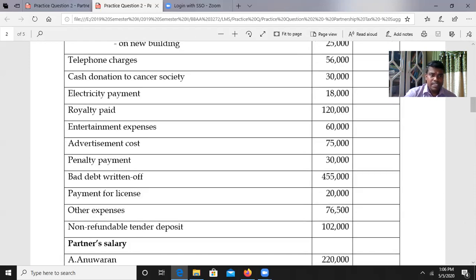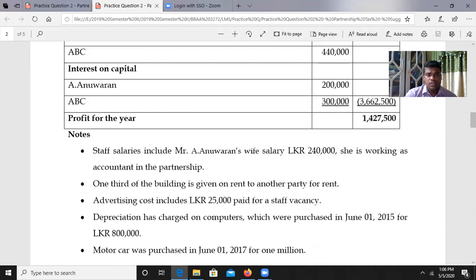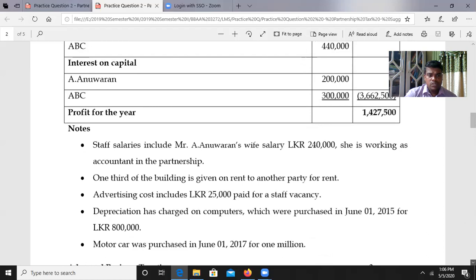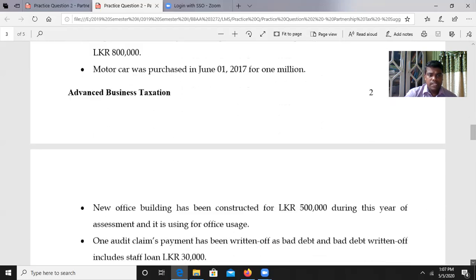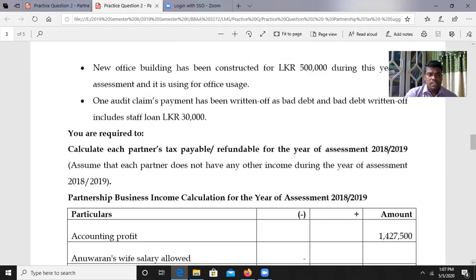Further, you can see that notes are also provided. There are a few notes for this question. After that, our requirement is to calculate each partner's tax payable or refundable for the year of assessment 2018-19. So this is our question.